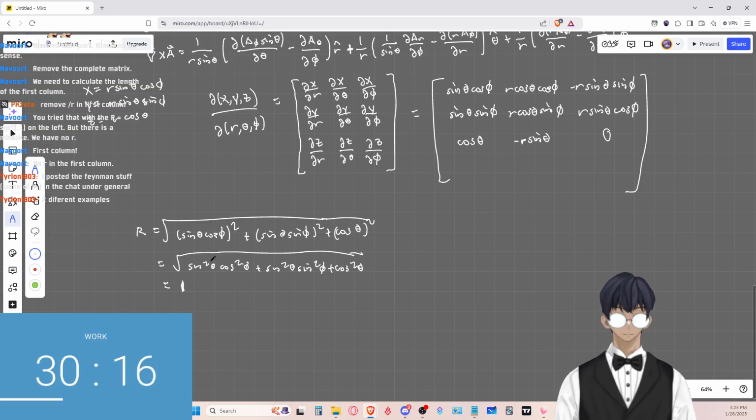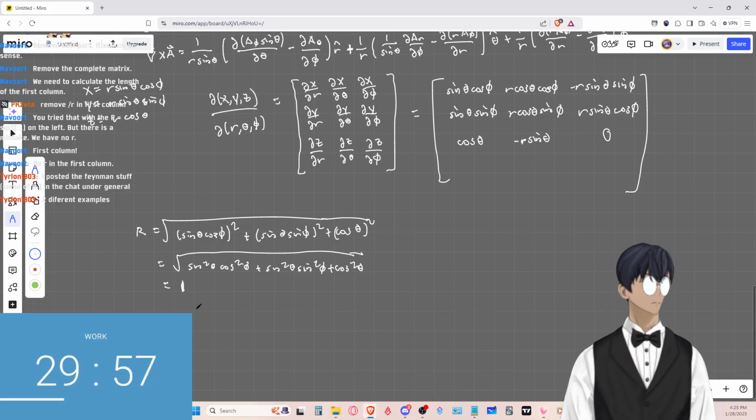Well, no. Because then you have to convert other vectors. Because this is supposed to be the magnitude of the first row. So then the magnitude of the second row would be different.